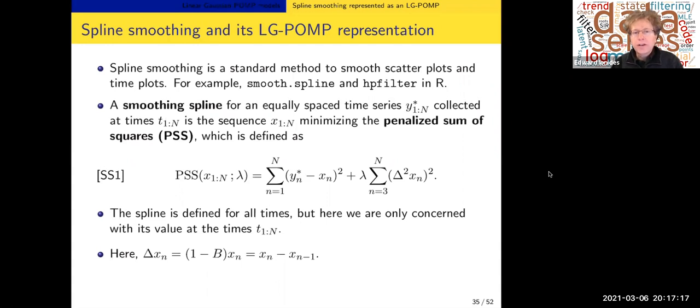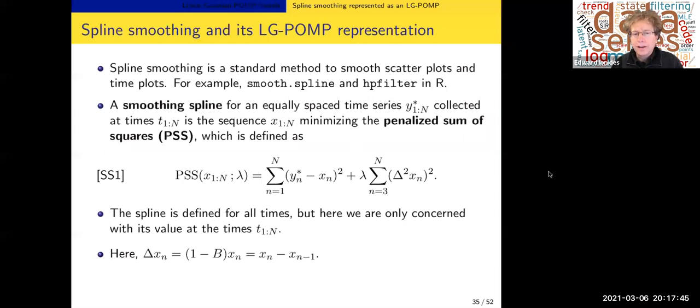So a smoothing spline for equally spaced time series y_n star is the sequence x_1 to N minimizing a penalized sum of squares defined as follows in equation SS1. So there's a sum of squares of differences from the data, y_n star minus x_n, squared. And then there's a sum of squared second differences.